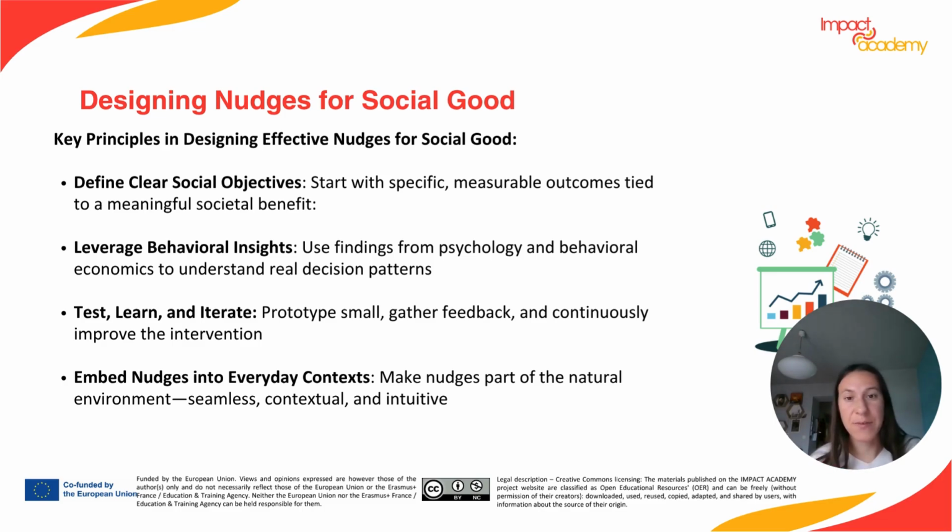Start with specific, measurable outcomes tied to a meaningful benefit for society. Leverage behavioral insight. Use findings from psychology and behavioral economics to understand real decision patterns. Test, learn, and iterate. Prototype small, gather feedback, and continuously improve the intervention.